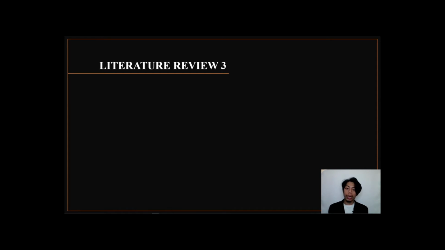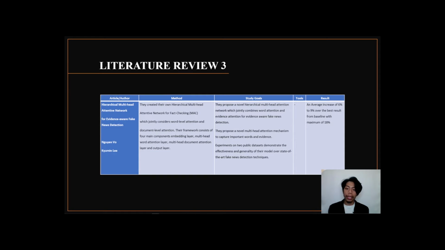The third one is hierarchical multi-headed attentive network for evidence-aware fake news detection by Nguyen Vo and Q Min Lee. They propose a multi-head attention mechanism to capture important words and evidence, and they experiment on 2 public datasets to demonstrate the effectiveness and generality of their model over state-of-the-art fake news detection technique.